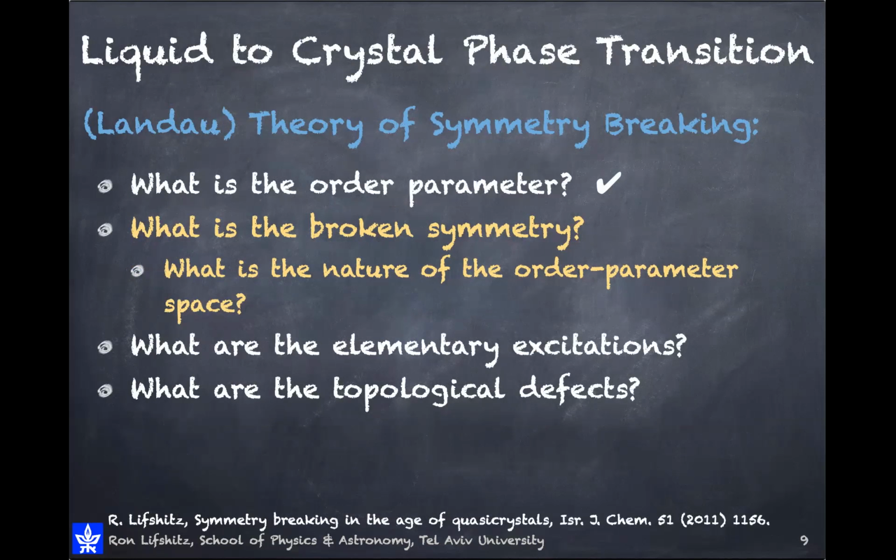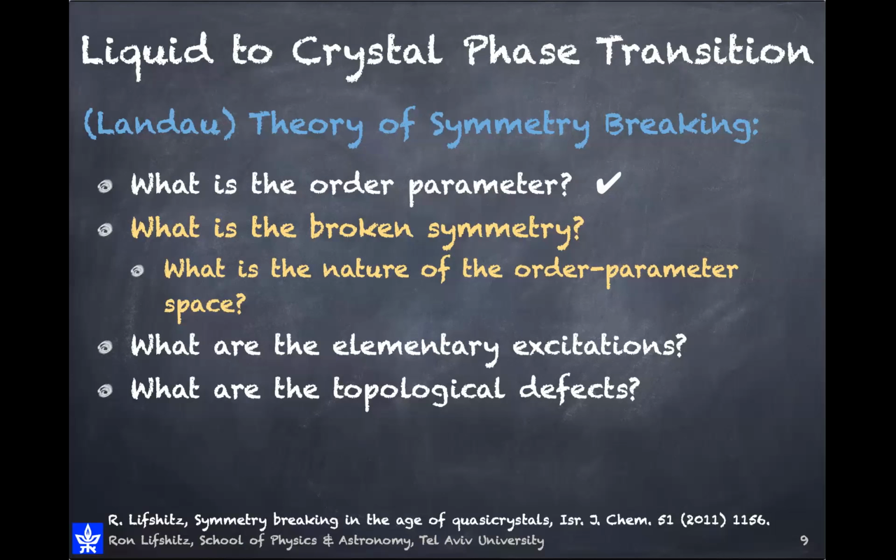structure of the game that we're going to play, we can ask the next question, which is the most important one, and I will probably spend most of the remaining of the talk speaking about this. That is to describe, on one hand, the symmetry that is being broken when we go from the uniform liquid phase to the ordered crystalline phase.